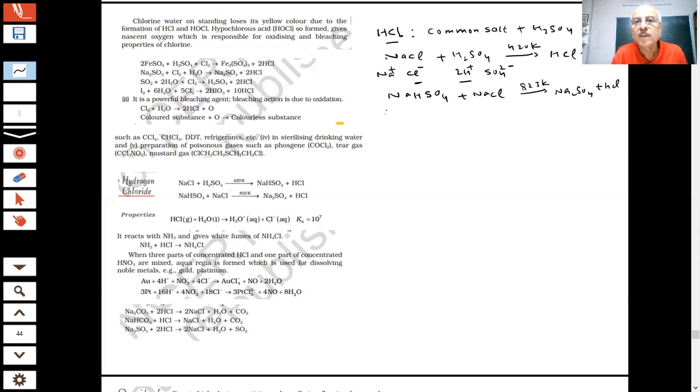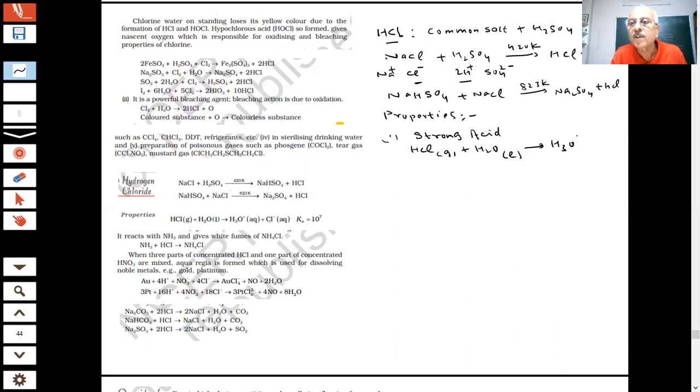And if we discuss the properties of HCl, students, the important property is that it is a strong acid. It is ionized completely, students. HCl will react with water and is a strong acid.